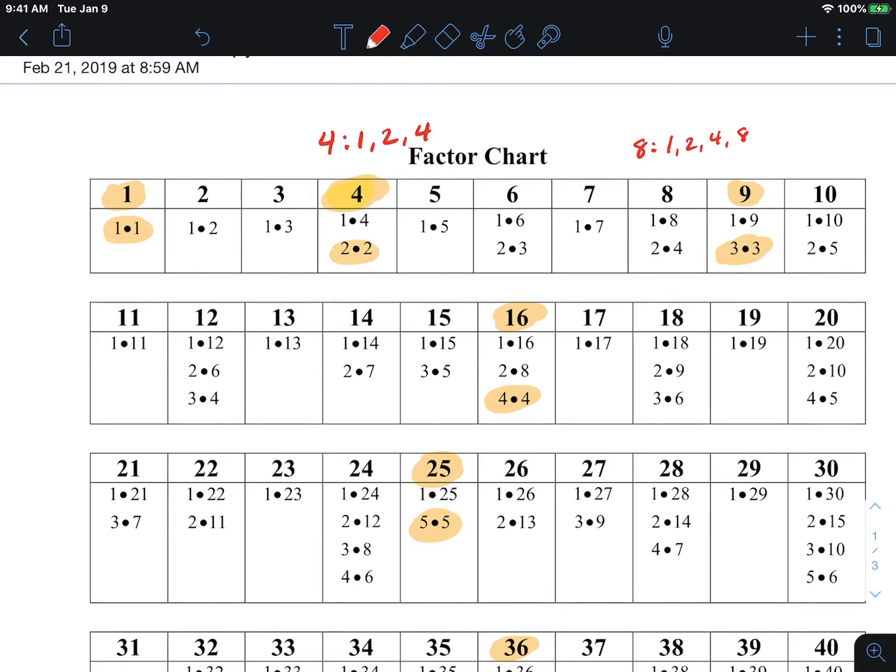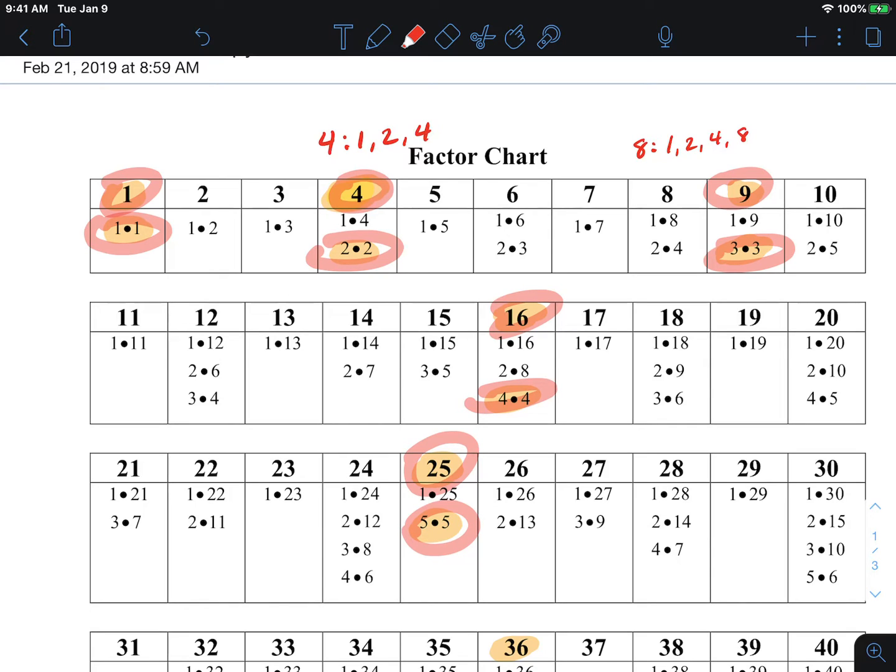The reason why, in particular, 1, 4, 9, 16, 25 were all highlighted is because of those particular factor pairs that make those numbers there. What is it about those factor pairs? They are exactly the same set of factor pairs.